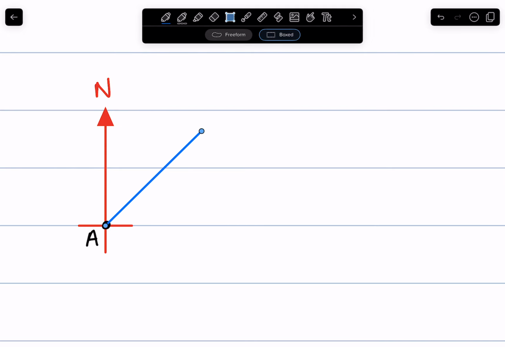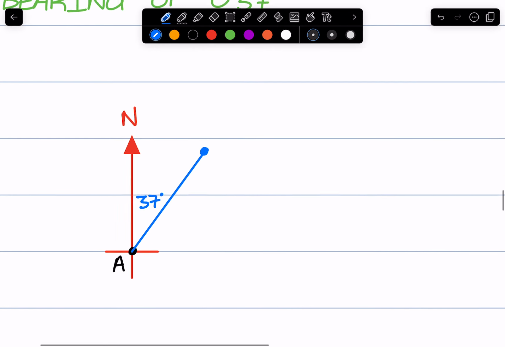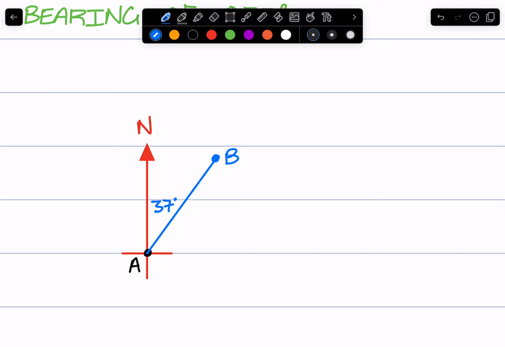I know that 45 is where my iPad locks it in, so 37 is a little bit less than that. It doesn't have to be exact, but that there is the diagram we're looking for. And Bob would be standing here.